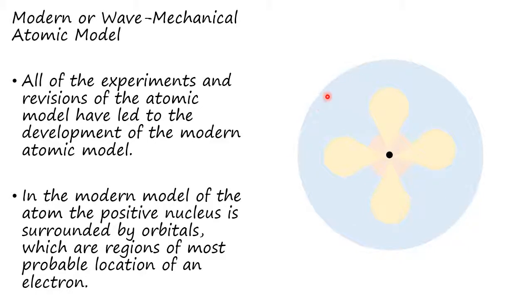So an electron could be anywhere, but it's a high probability that the electron is within this region of space. So it's possible for an electron to be outside the region of space, but it's a very low probability. Okay, so there are no definite lines to the positions of these electrons, but these are the general areas in which an electron would exist. And this is the current model of the atom.